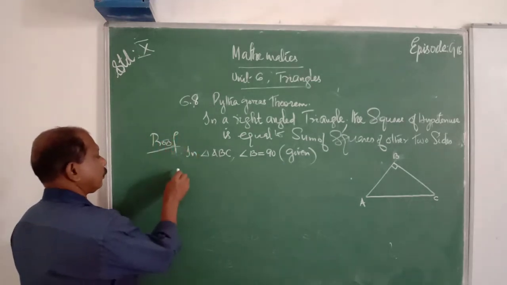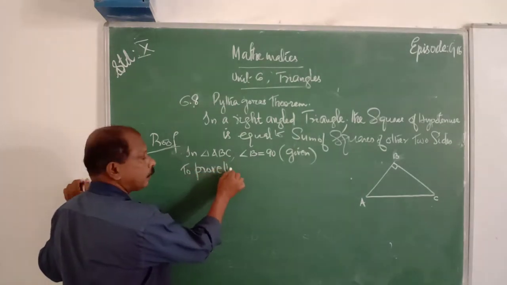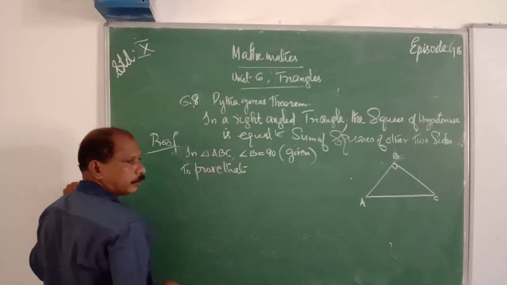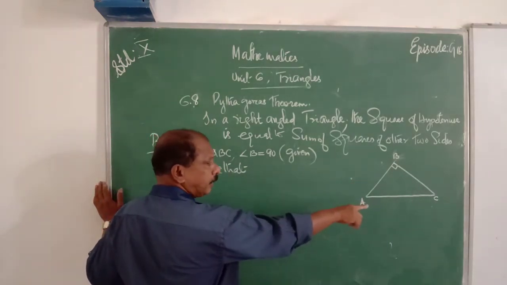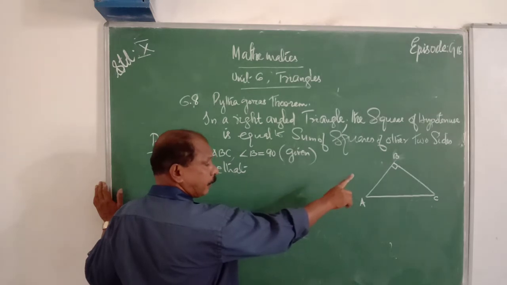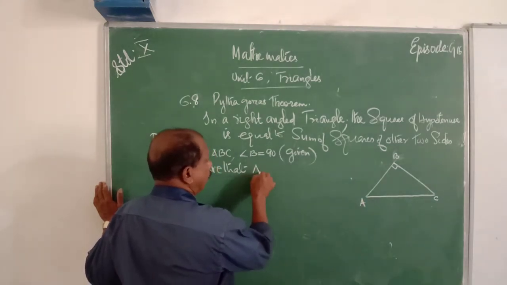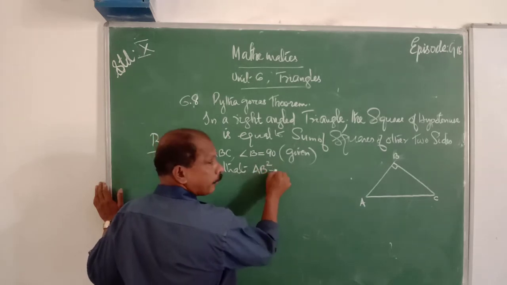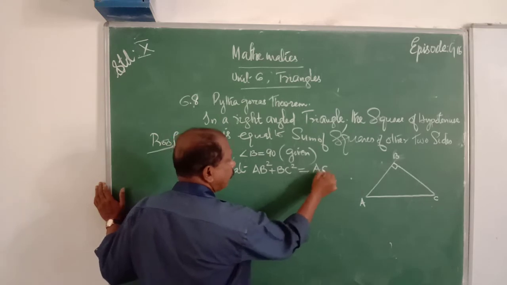To prove that: angle B is 90 degrees, therefore the side opposite B, AC, is the hypotenuse. AB square plus BC square is equal to AC square.